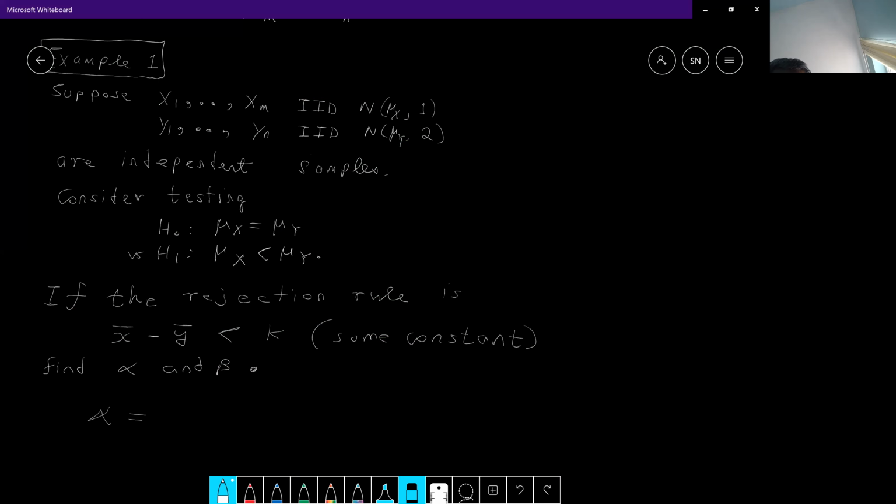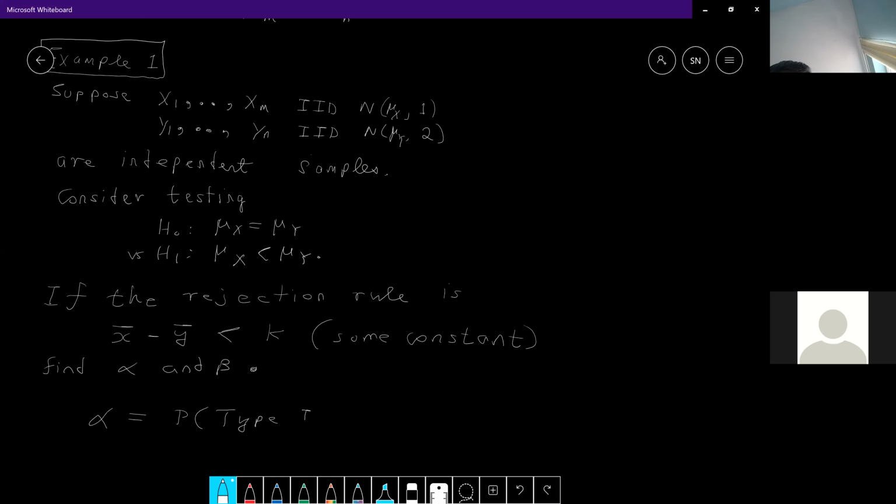Alpha is, we are rejecting the null hypothesis when mu(x) is equal to mu(y), right?